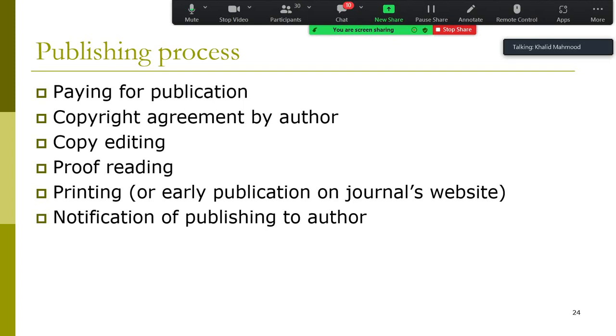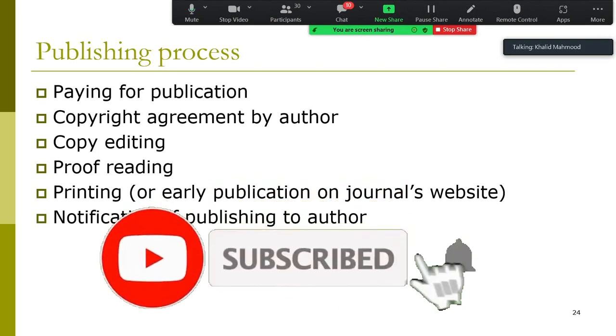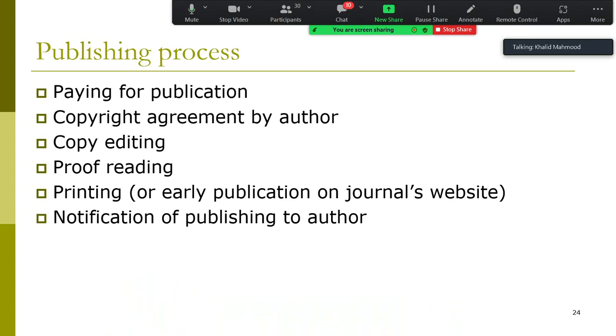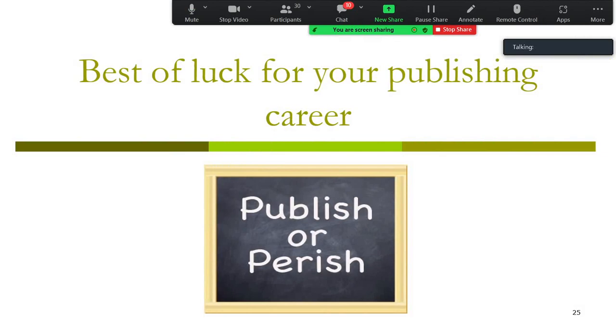So your article is available for use and even for citation many months before the actual allocation of the issue number. When it is available, they will send you an email as author that your article is available, and sometimes they will send you a link for sharing with other people.